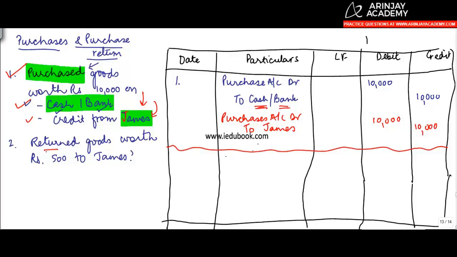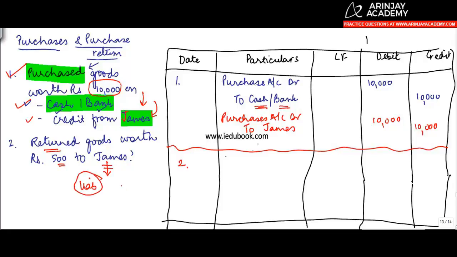Now many times, once you've purchased the goods, after some point in time you may realize that there are some damaged goods, or some goods that you don't require and which you can return to the seller. So you return goods worth rupees 500 to James. James is a liability.